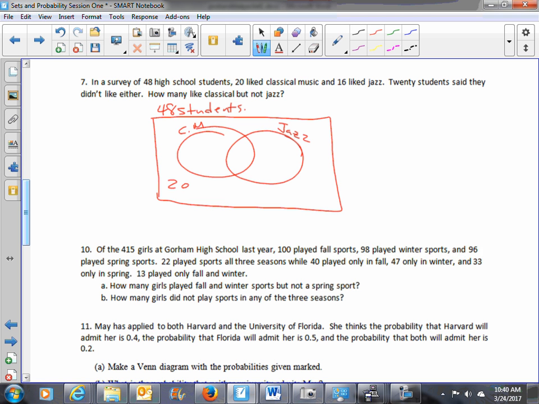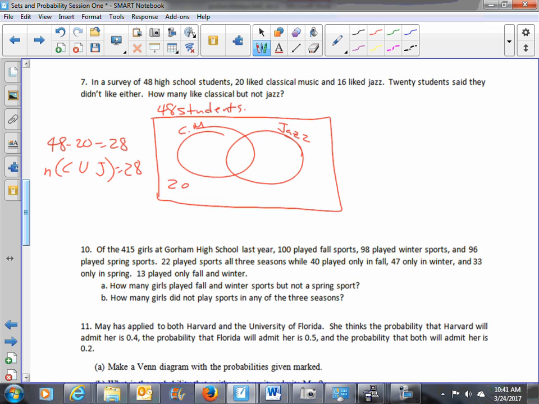So now, if there are a total of 48 students and 20 like neither type of music, then 48 minus 20, or 28, is the number of students in the classical music union jazz likers.